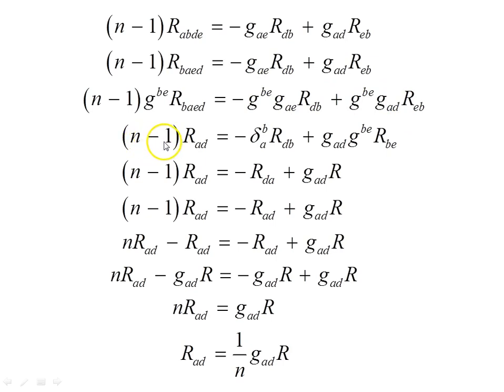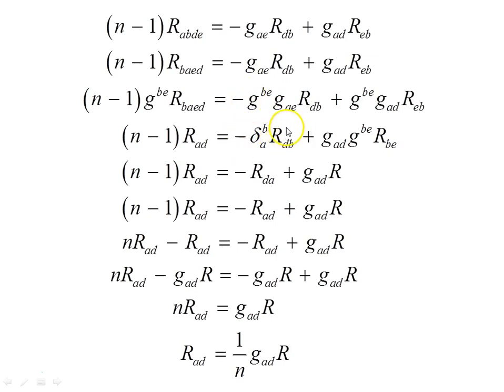And then we have n minus 1. Now the b and this b contract, e and this e contract, n minus 1 R a d. Over here, with these two metrics, one up, one down, we use the Kronecker delta, and the e's contract out, leaving the Kronecker delta b a.